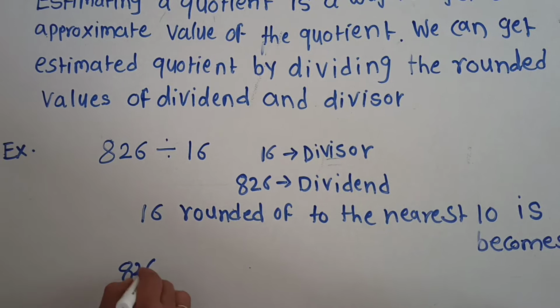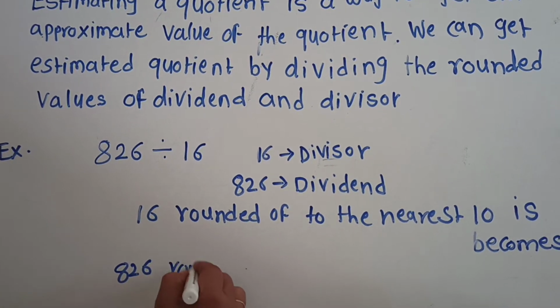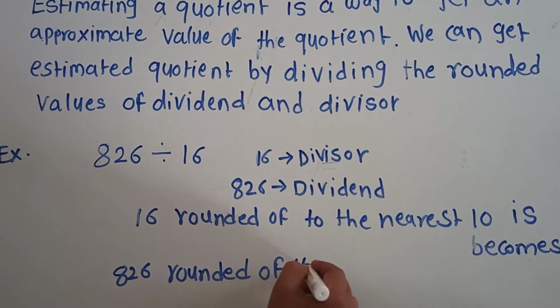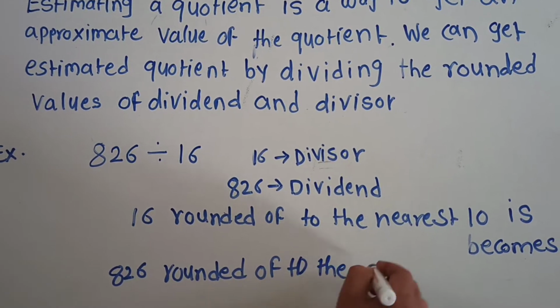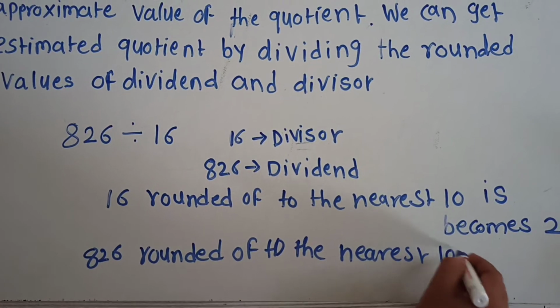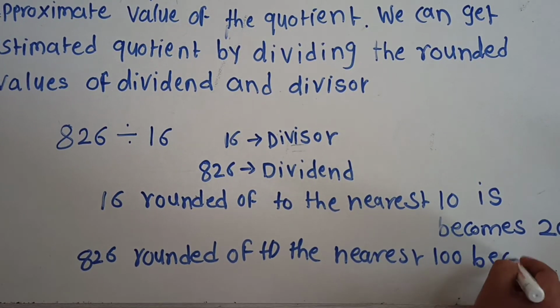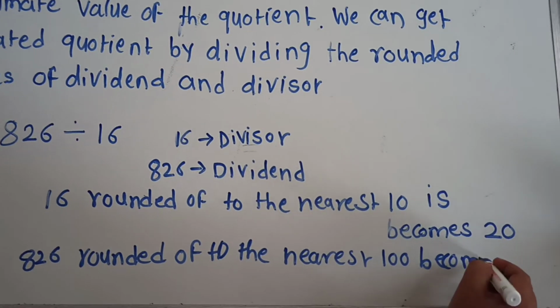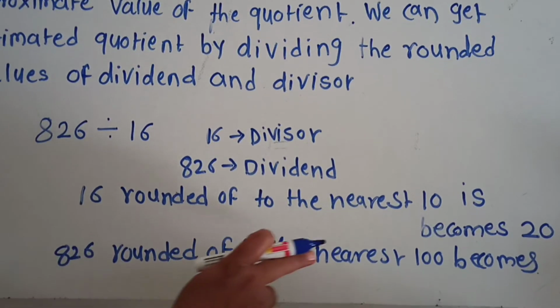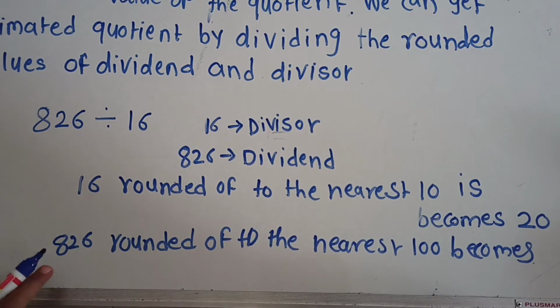And 826 rounded off to the nearest 100 becomes, look here, 826 and we have to round it off to 100.